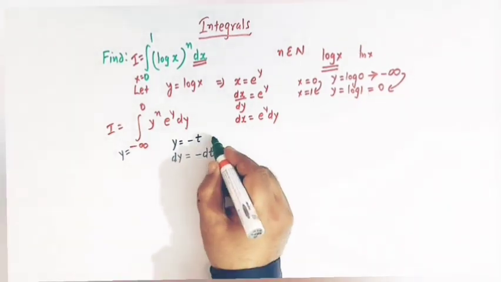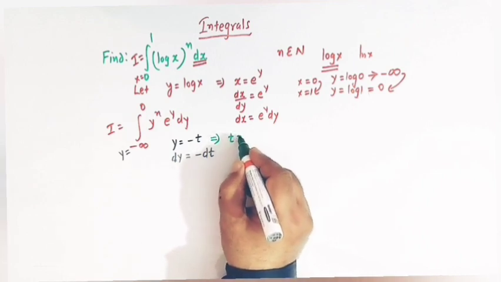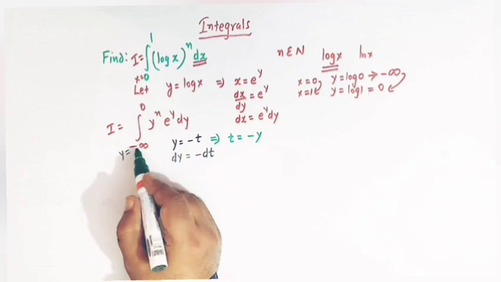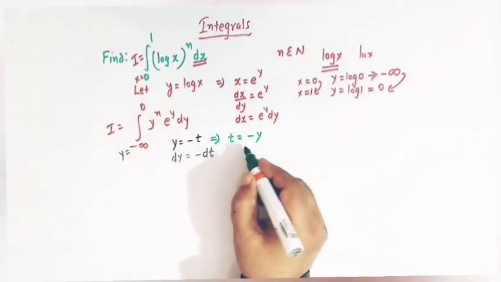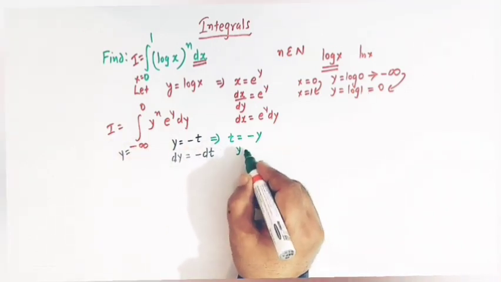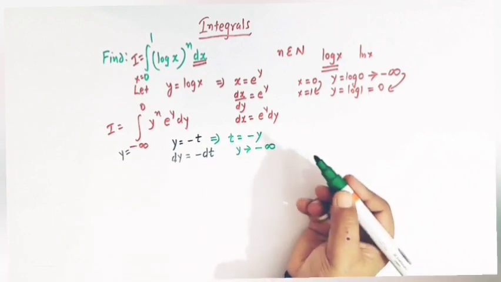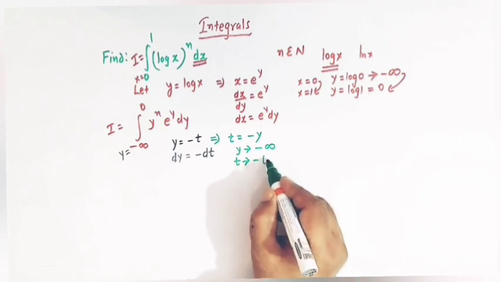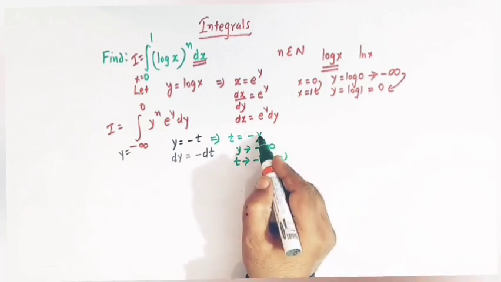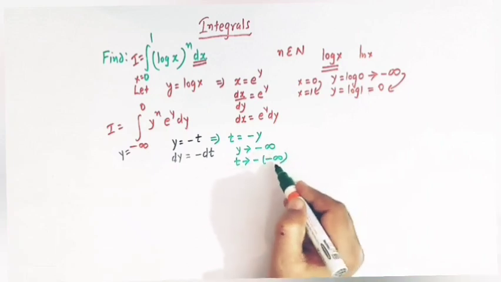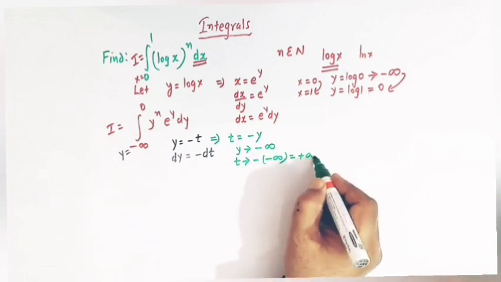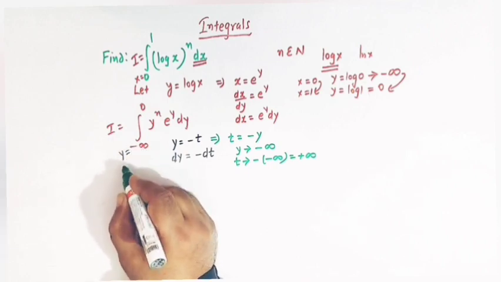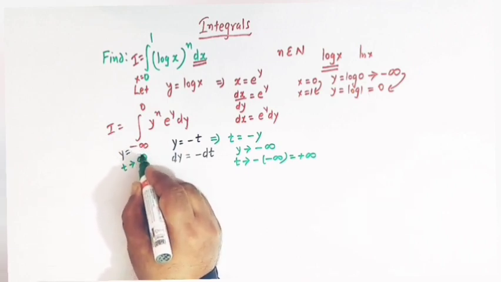Taking t is equal to minus y, when y tends to minus infinity, then t tends to positive infinity.